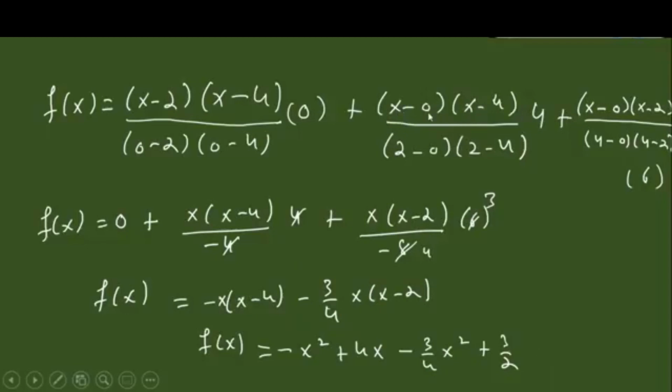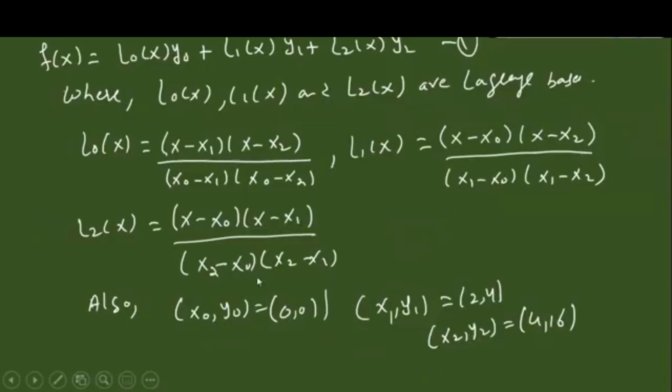Yes. x naught and x2, x1 and x2, and x naught and x1, x1, x2, x naught, x2, and here x naught, x2. This is also correct. 0 minus 2, 2, and 4 minus 0, 4 minus 0, and 4 minus 2. That's also correct.